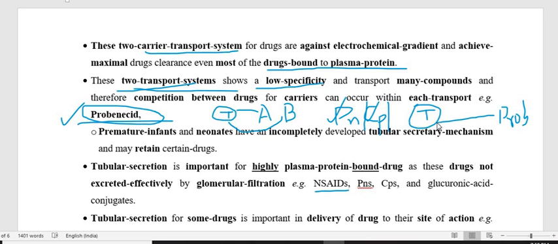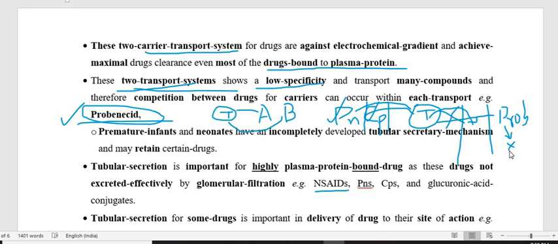Probenecid is going to stop or inhibit the transport system that is transporting these drugs. When the transporter is inhibited by probenecid, antibiotics like penicillins and cephalosporins do not come into the lumen. So the rate of excretion of the drug is slowed, and a greater amount of the drug stays in the systemic circulation.